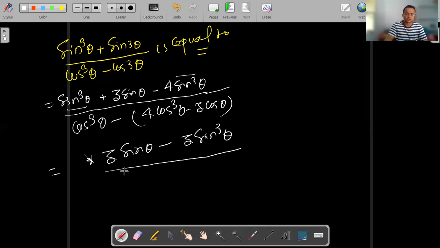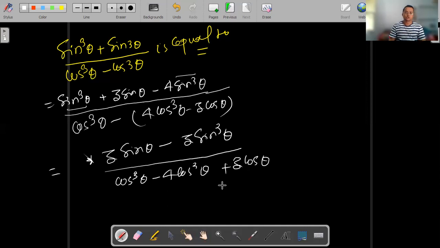Then cos 3a, just calculate this: cos cube theta minus 4 cos cube theta and plus 3 cos theta. Clear? Is anything getting cancelled?